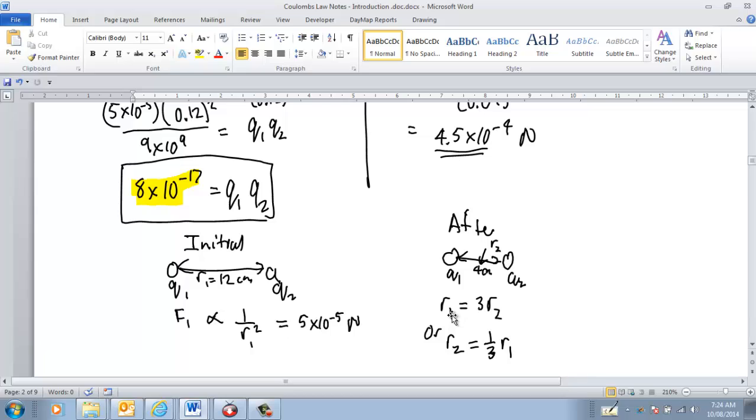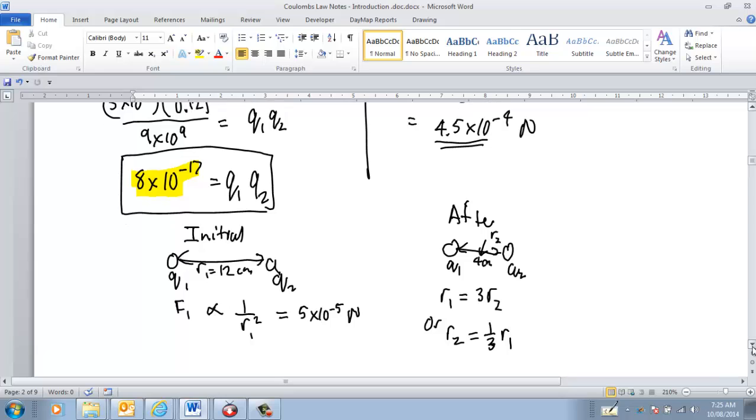Okay, so radius 2 is a third of radius number 1. So when you square that, that would become 1 over 9, or 9 times as great. Hopefully that sort of makes sense.